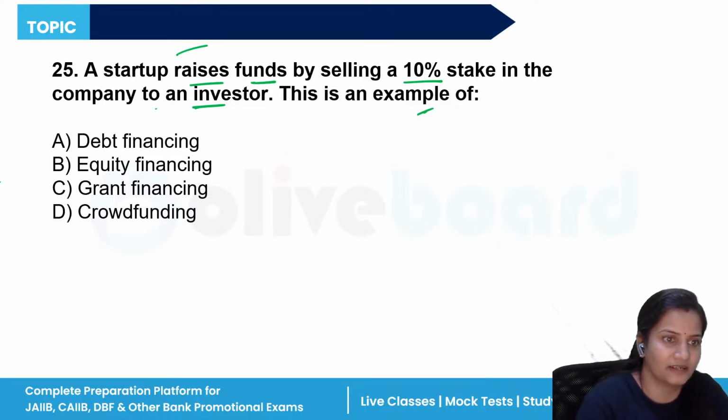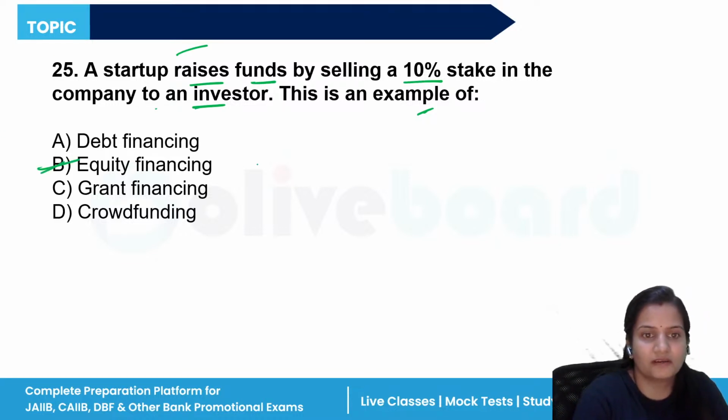Yes, it is a type of equity finance. We raise capital with the help of equity. That is, a startup raises funds by selling its ownership in the company to the investors from whom they are asking for money. So that is in terms of equity finance.